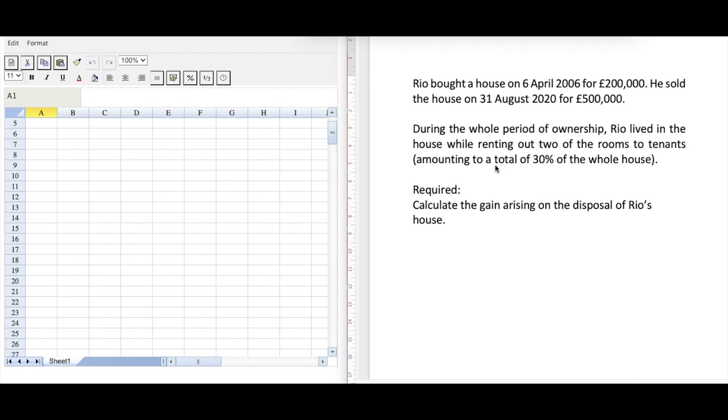Under the Finance Act 20, where any part of a residence isn't occupied by the owner for residential purposes, and that includes this situation where Rio has part of the house rented out to tenants while he lives in it, then the private residence relief exemption will be proportionately withdrawn, proportionately to the amount that is rented out to other people.